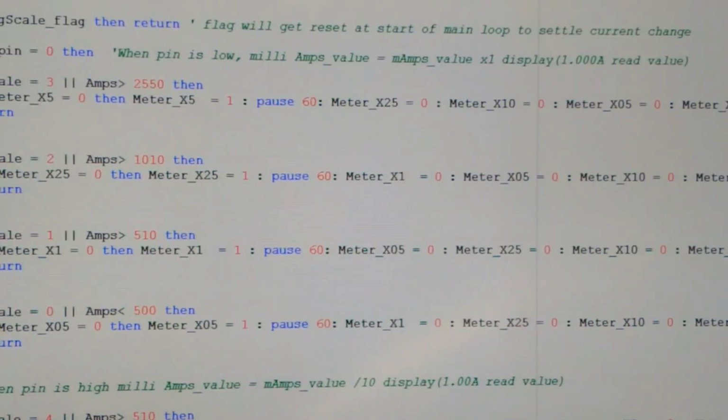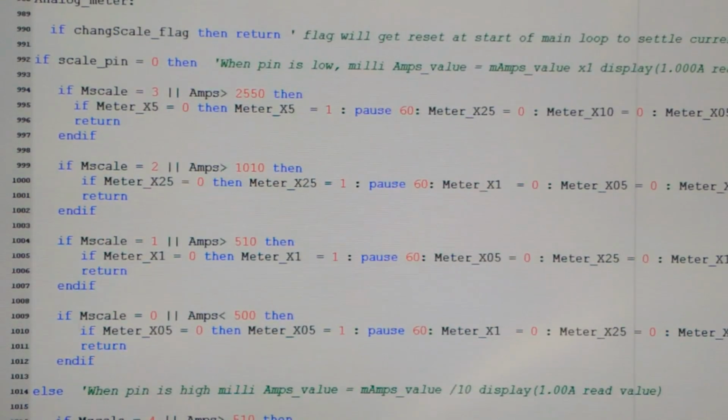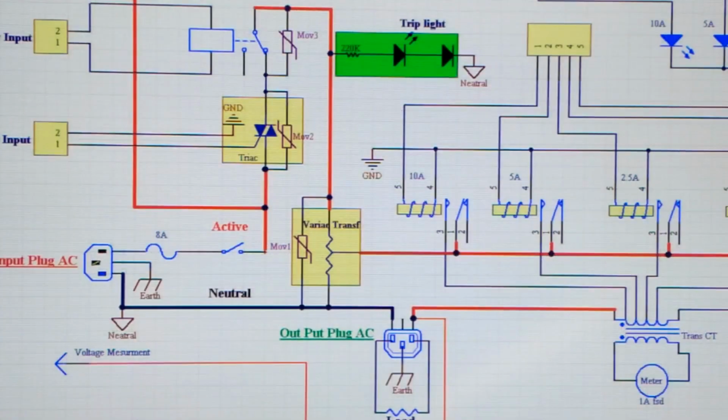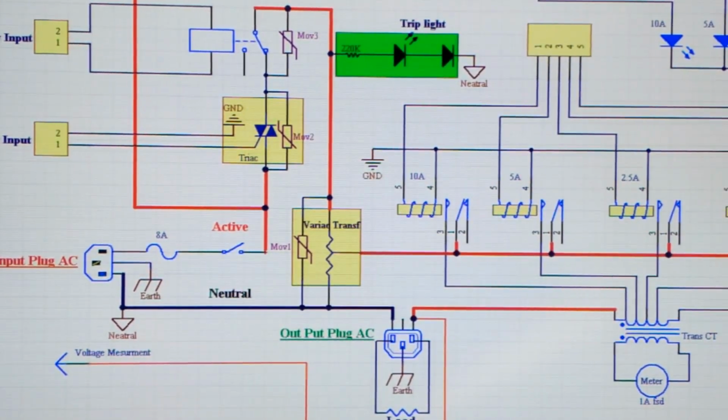And you remember when I explained why that is, and I'm going to re-explain it here, is because I don't want to break the circuit. Let's say the load here is on, and I'm changing to a different scale of your analog meter.